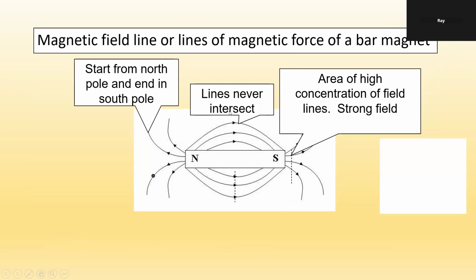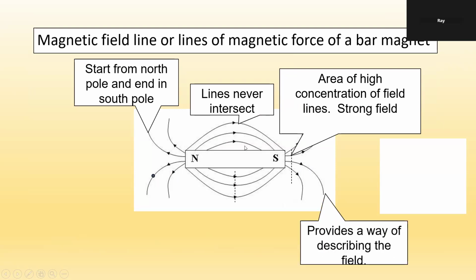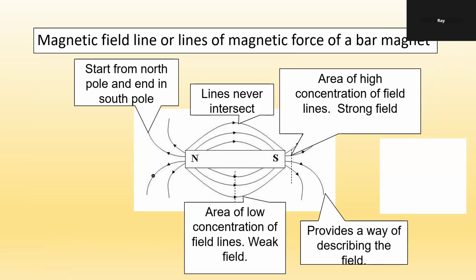This part is wider apart, so the field is weaker. They provide a visual way of describing the field. Area of low concentration of field lines, weak field. Here will be weak field. Further away will be weak field. This one will be strong field here.